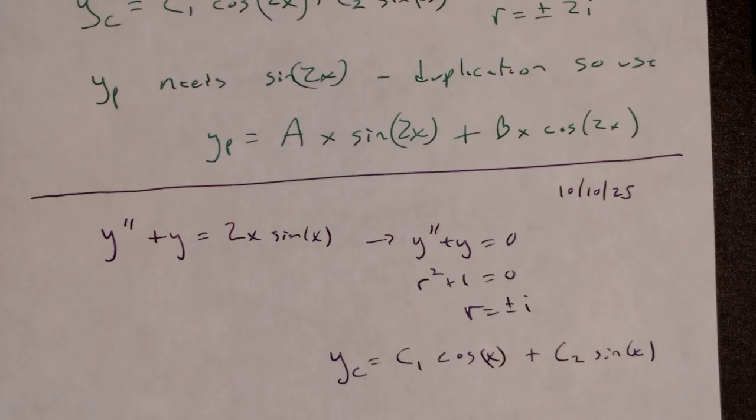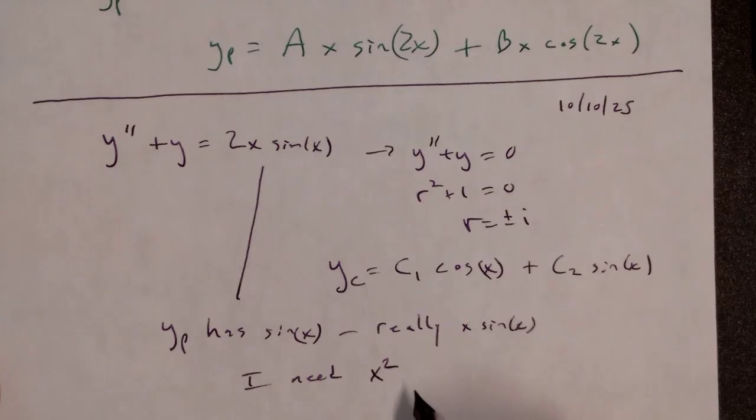I'm going to need an x squared sine x. And if I have an x squared, I might also need an x. I might also need a constant because I'm going to take two derivatives. So when I think of yp, I need x squared sine x.